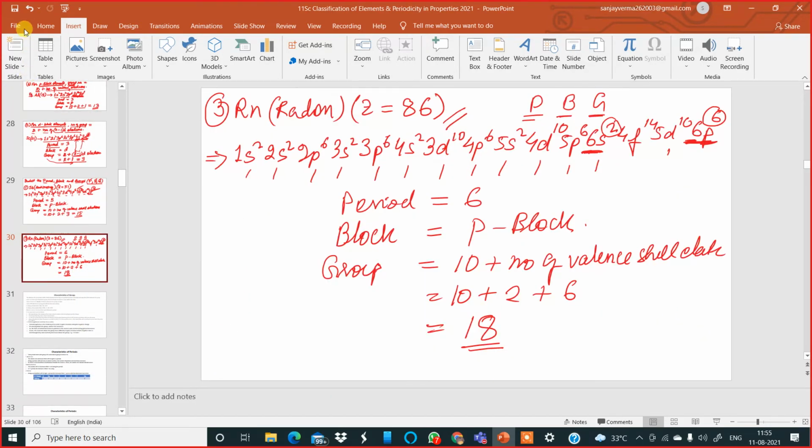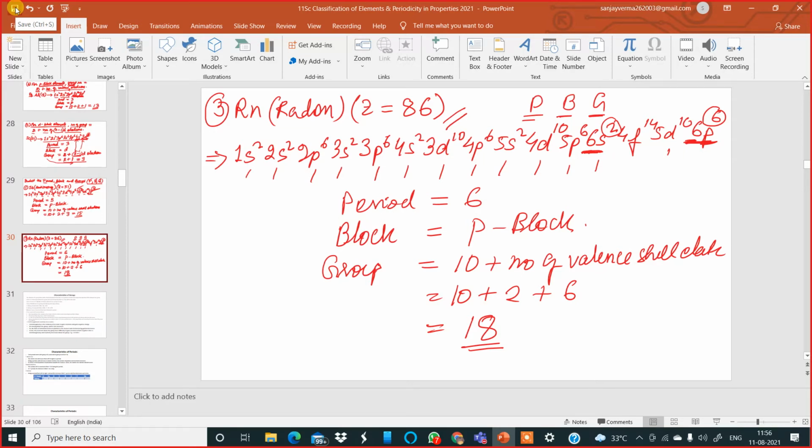So today, I have given one full period to explain how to predict the P, B and G. That means period, block and group of elements from the atomic number. It is very important that you are given the atomic number.